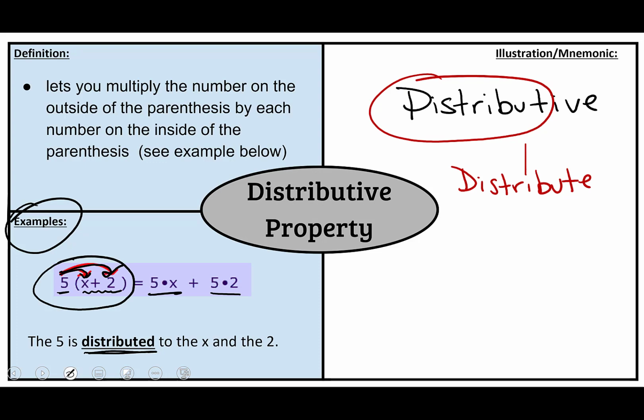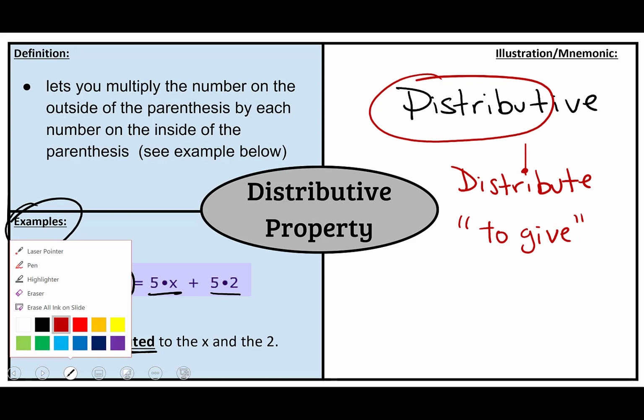And what does this word distribute mean? The term distribute essentially just means to give. Right? So we are giving a term from outside of the parentheses to each term within the parentheses.